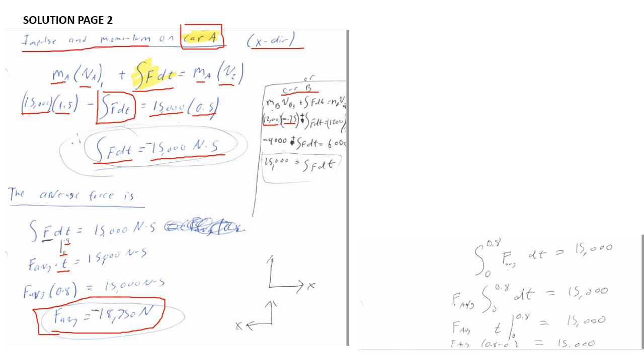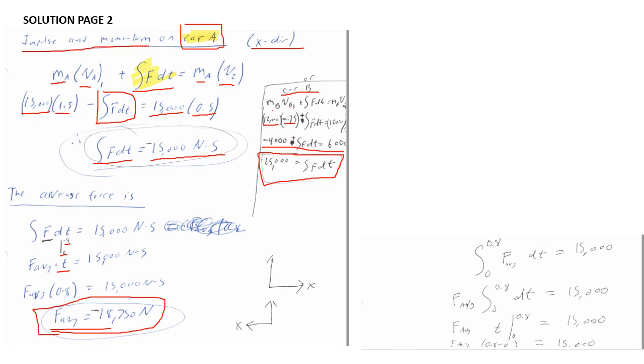We plug in our values and end up with the same relationship: 15,000 is equal to the integral of F dt. It's just that this is for car B now rather than car A. It doesn't matter which one you choose. The sign convention will be slightly different, but when you get down to the end, you're going to find the same F average regardless of whether you went with car A or car B.